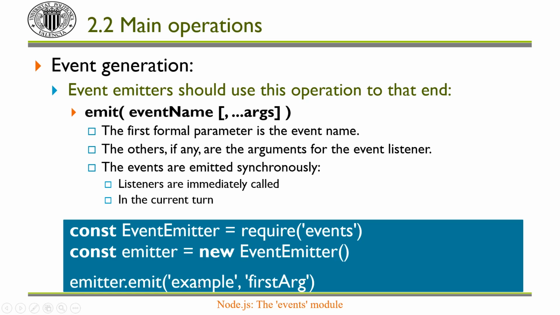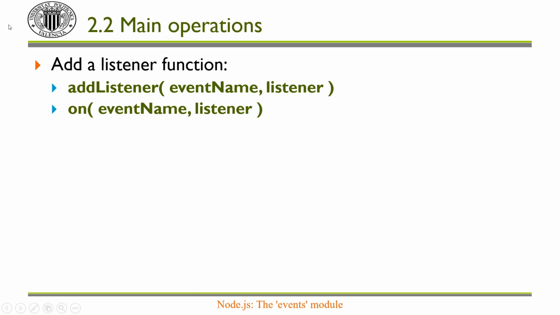Well, and in regard to listeners, we should associate a listener to an event using the addListener operation, or this shorthand for addListener. On is simply a synonym for this other identifier. And in this case, we need, again, as the first formal parameter, the name of the event.